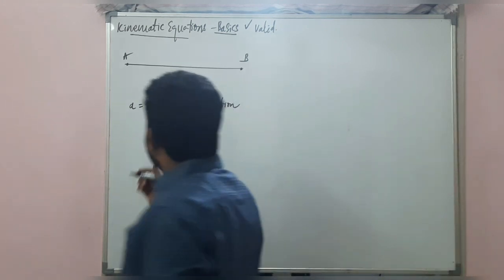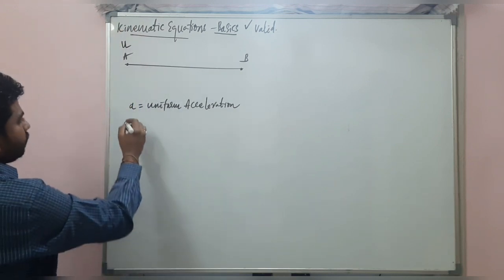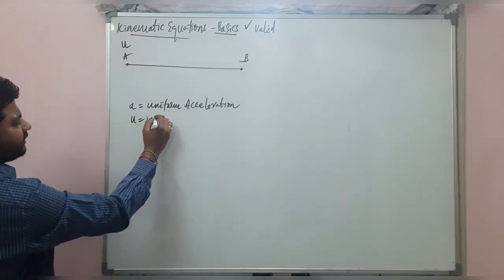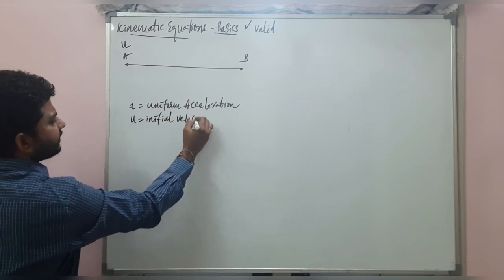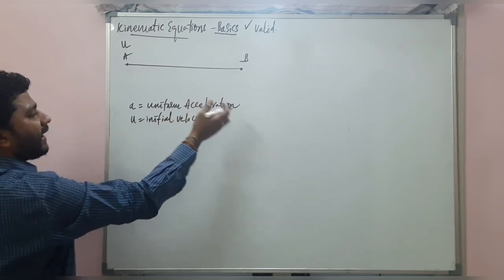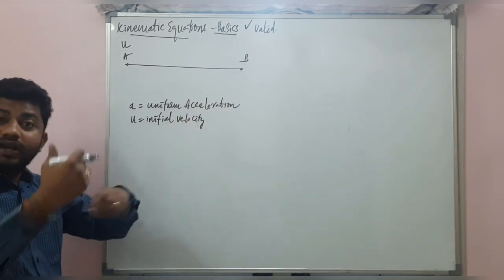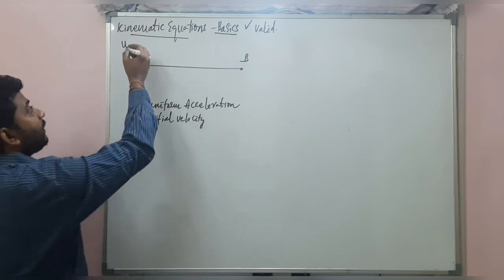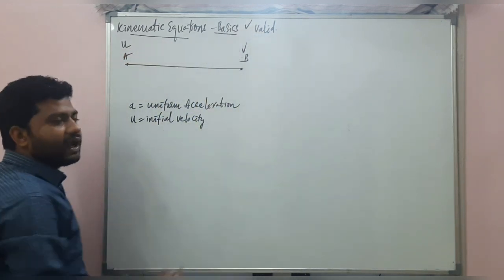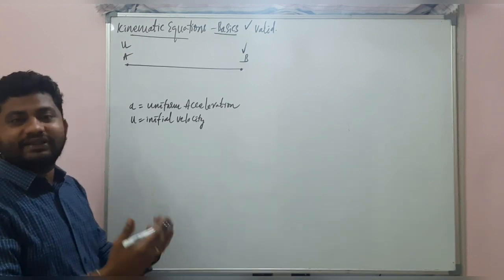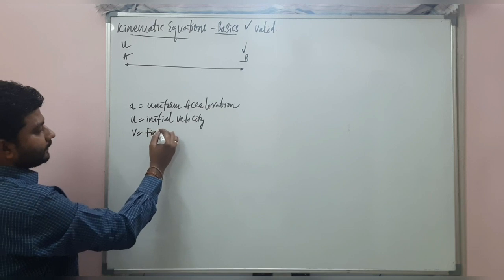Now, it is starting with initial velocity u, where u is the initial velocity. The body is moving with uniform acceleration, so the speed must be increasing. At point B, the body has attained a velocity v, which is called the final velocity.